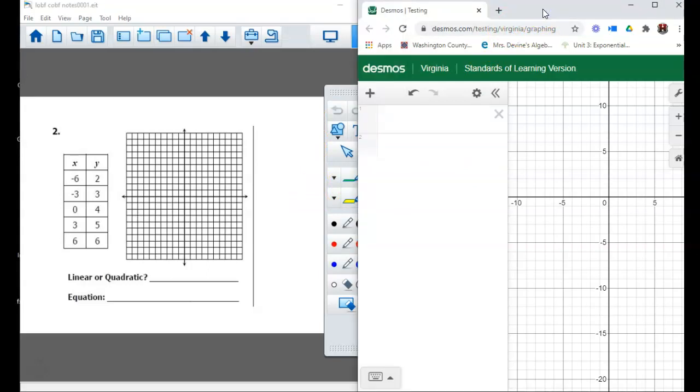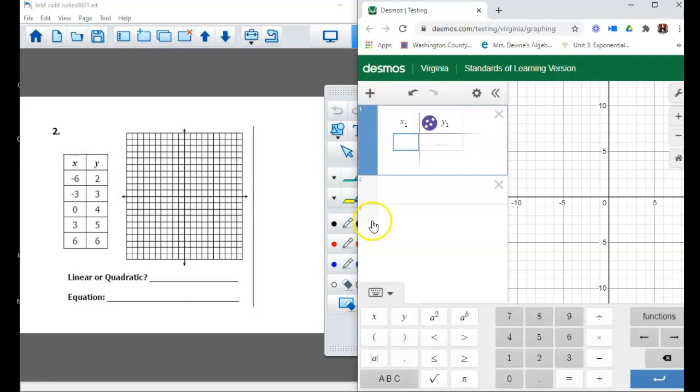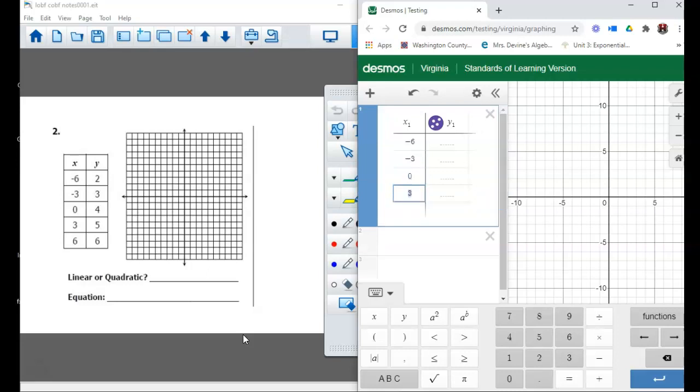All right, so here's another example. So we're going to put this table into our Desmos calculator. So hit your plus sign and tell the calculator you want to make a table. All right, x's. We're going to type in -6, -3, 0, 3, and 6.